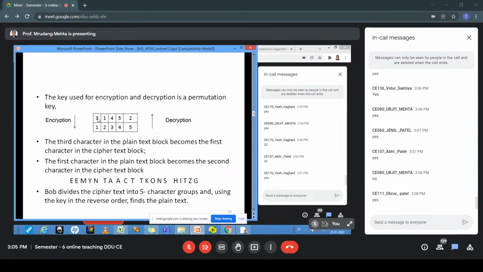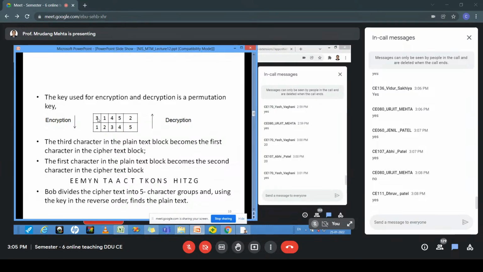Okay. So now we want to generate the decryption key. So first position, first is on second position. So second is on first position. Second is on first position. Fifth is on second position. Second is on fifth position. So fifth is on second position. Okay.